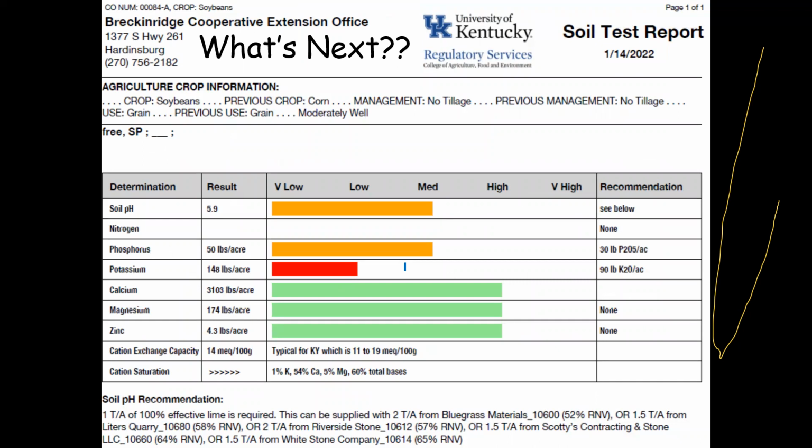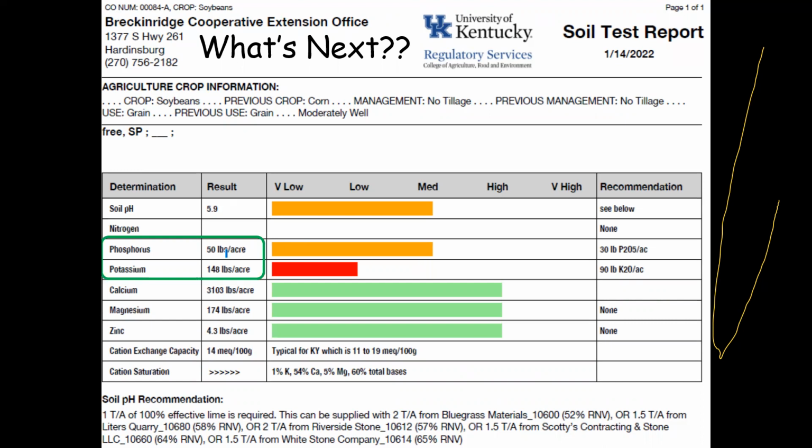Moving on. The next thing I'm going to talk about, because it's the theme of the moment, is phosphorus and potassium. By the way, this is a different soil test report. Among the counties represented here, some of you are still on the old soil test report, some of you are on the new one, and everybody's going to be on the new one, I think, sometime next year.